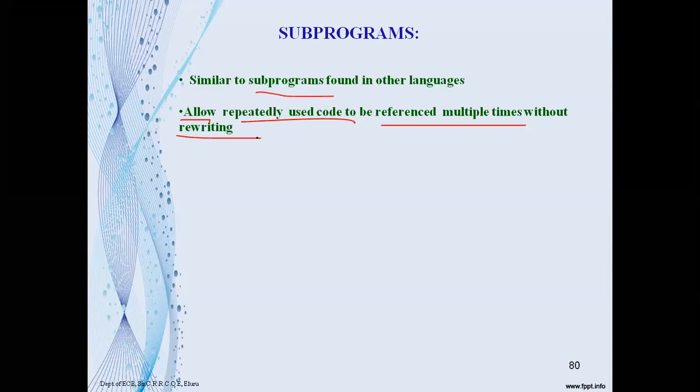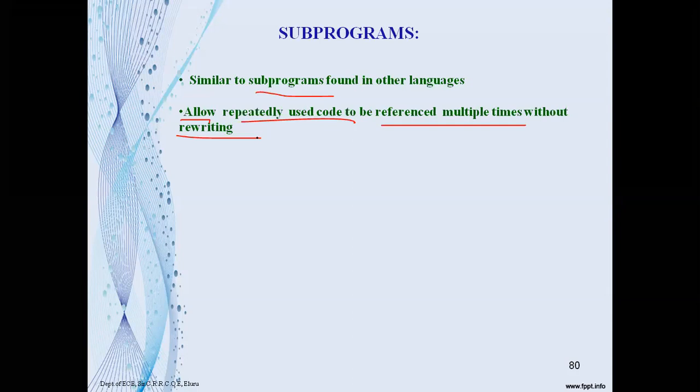Simply, subprograms are a group of statements written separately, and they can be called in our VHDL main program to perform the same function.